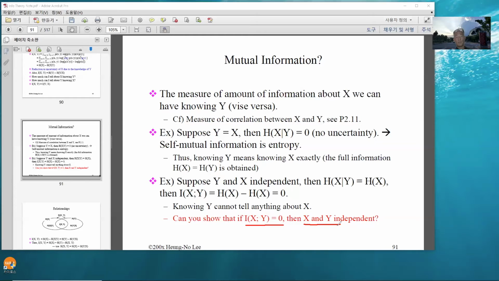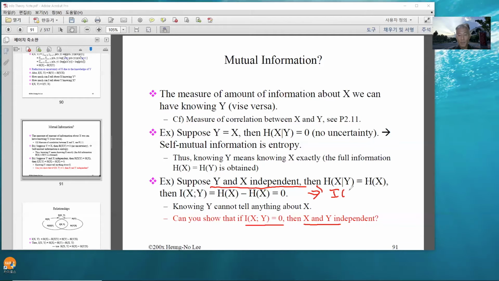X and Y independent, then mutual information is 0. That's the easy problem.